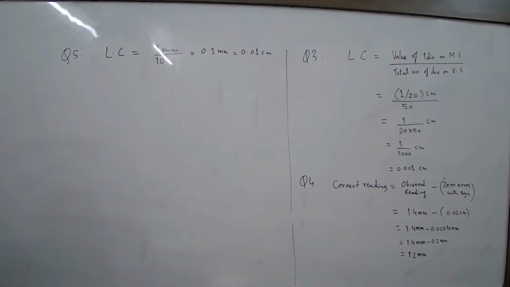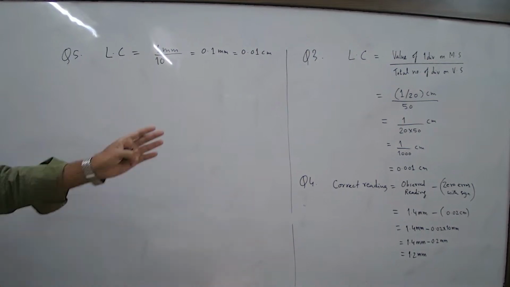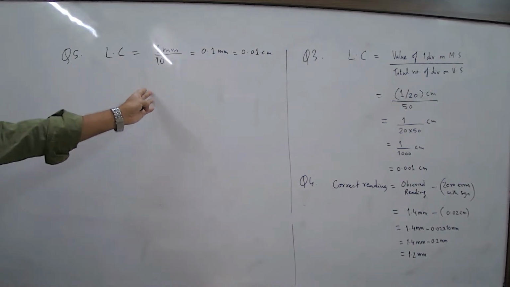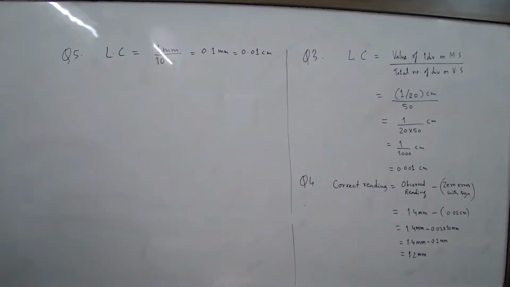You may use either formula. 10 divisions of vernier scale equal 9 millimeter, so 1 division on vernier scale is 9 by 10, 0.9. Then you take the subtraction, 1 division on main scale minus 1 division on vernier scale. That also gives you the same result. So there are two formulas for least count, and both give the same result.